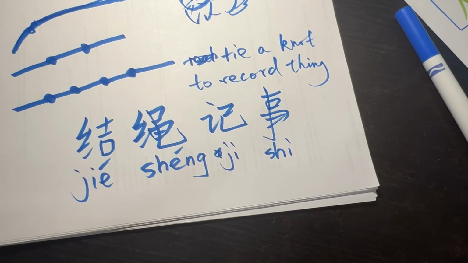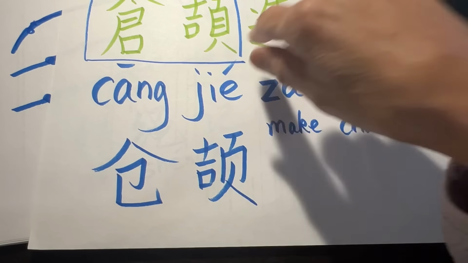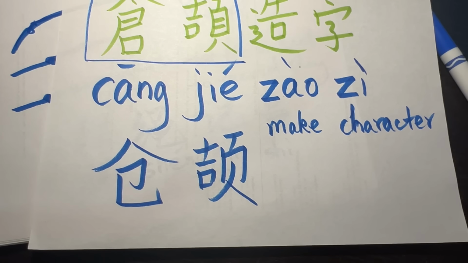So 结绳记事, tying a knot to record things, is definitely beyond the capacity of recording a much more advanced life. And legend had it that 仓颉 was a kind of accountant or prime minister or financial minister or secretary of state, taking care of finance and accounting, maybe a CPA.